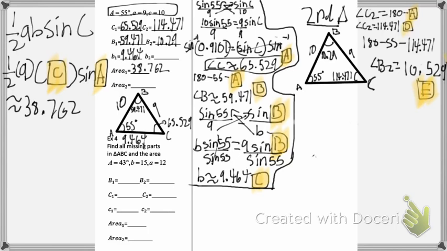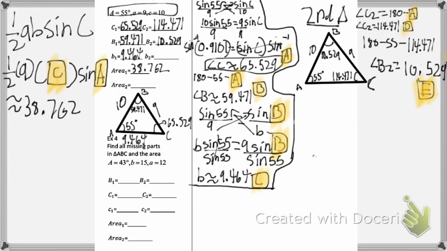Let's make it smaller, 10.529 over here. And B2 is also 10.529. So it's not that bad. So that's what angle B2 equals.